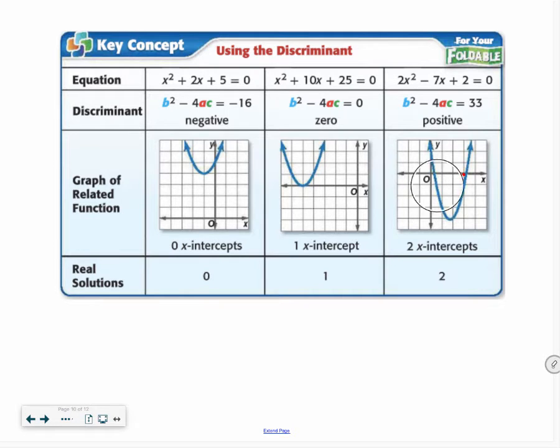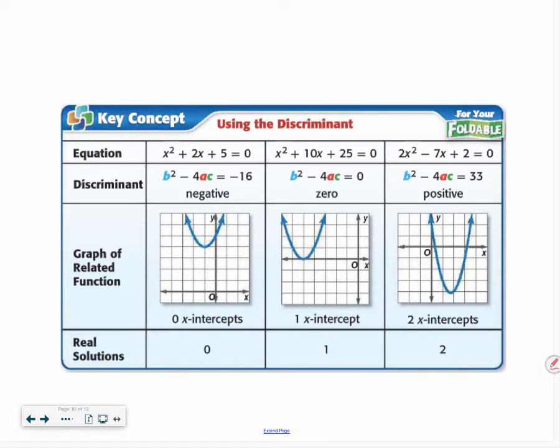The discriminant, people tend to overthink it and make it more work than it is. It is just the part of the quadratic formula that's underneath the square root, okay? So to find out how many solutions there are, you literally just do b squared minus 4ac.